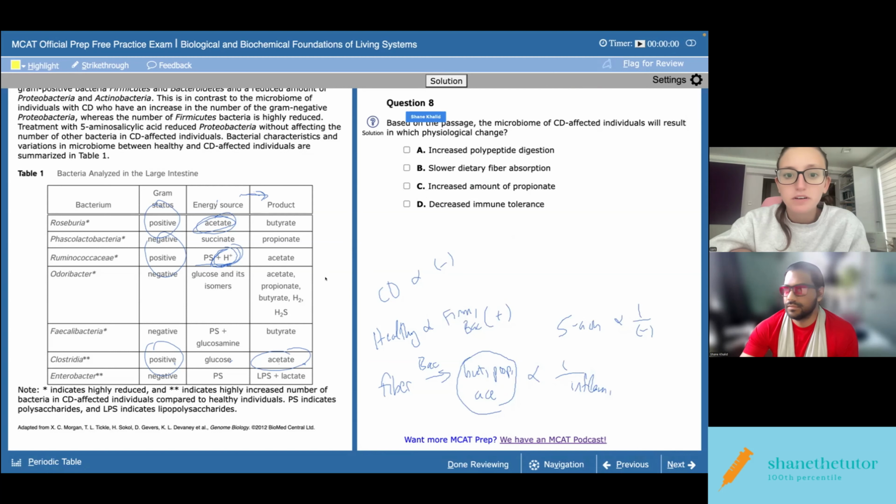Microbiome of CD affected individuals. So now the CD affected is the starred ones, so these two. Acetate and lactate.